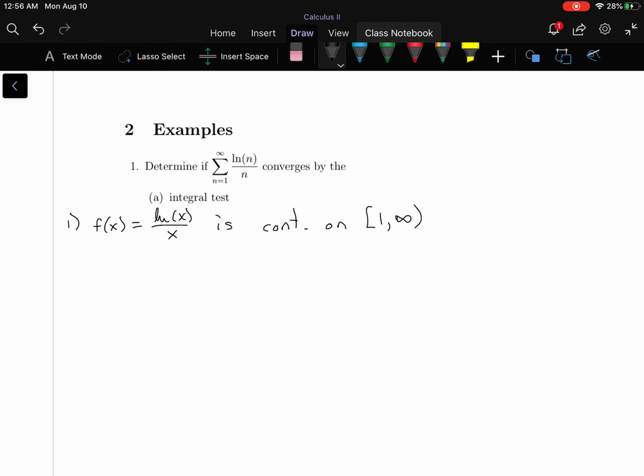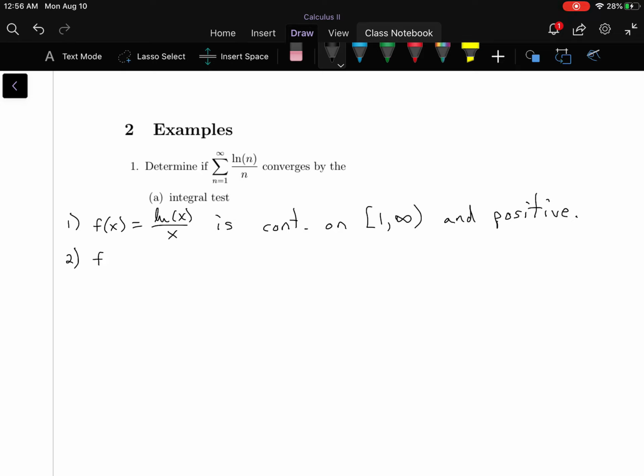But in this case, 1 works out fine. So it is continuous, and since n is going to be 1 or greater, x will be positive and the natural log function will be positive. So it's continuous on this interval and positive. That's the first criterion that needs to be satisfied.